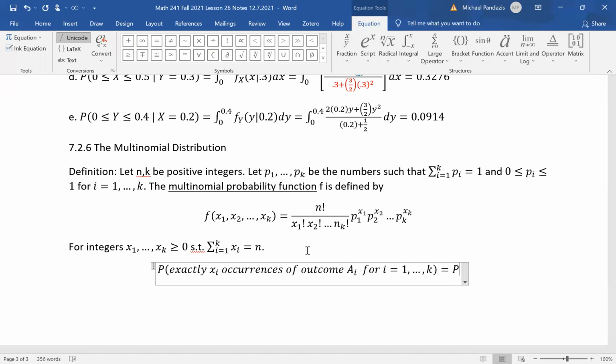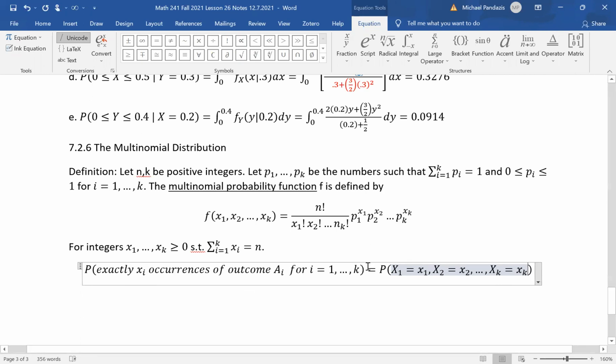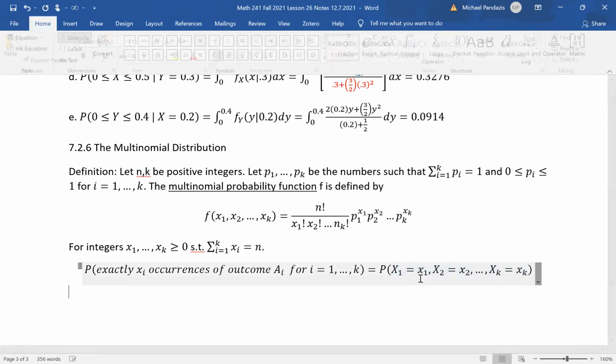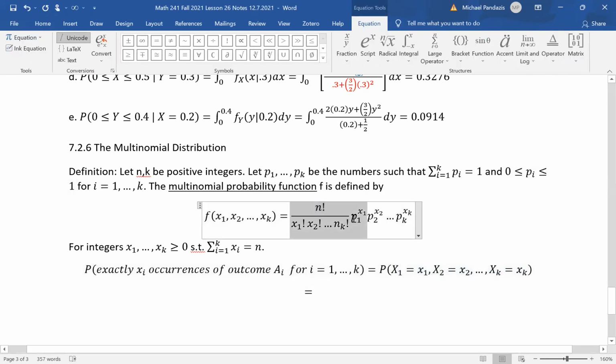This is equal to the probability that X1 is equal to little x1, X2 is equal to little x2, dot dot dot, X sub k is equal to little x sub k. And this is equal to this.